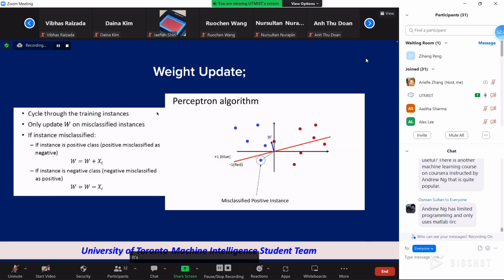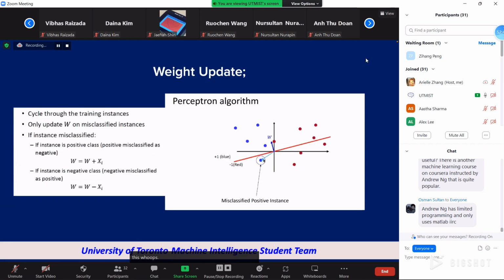We add it, right? Because in this case, if we're only looking at the blue dot over here, we're misclassifying the positive blue dots with this bunch of red dots. So the direction vector of the blue dots is something like this.